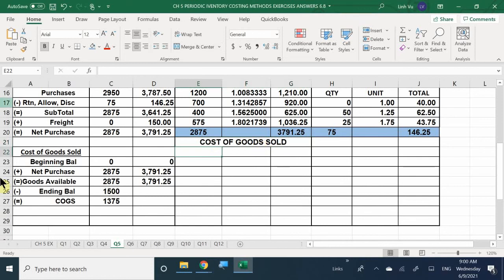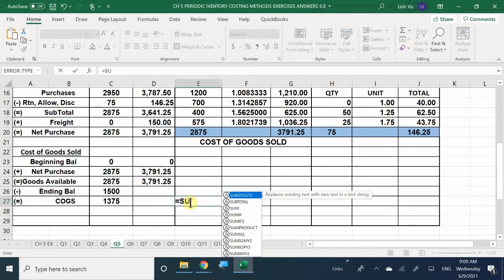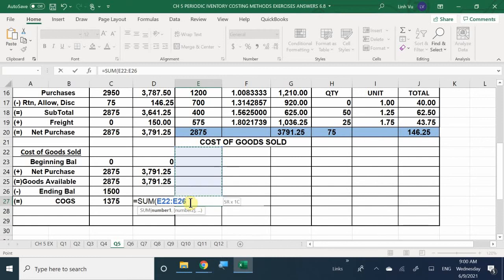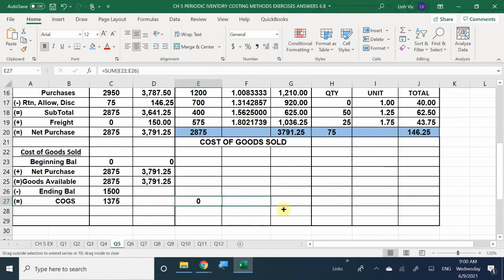Let's see how we do this, because of what we are looking at when we sell each item. We're going to be using LIFO to figure out how much my cost of goods sold is going to be.